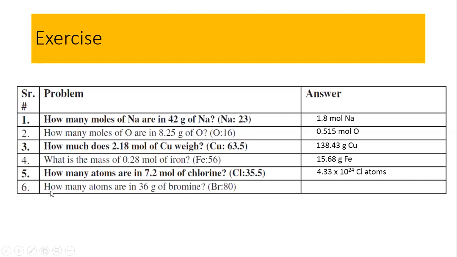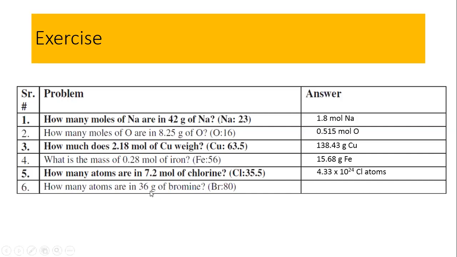In the sixth example, how many atoms are there in 36 gram of bromine, and the atomic mass unit of the bromine is 80. So how can you convert? Because the weight is given, first you have to convert this mass into moles, and then you multiply by the Avogadro number, which is 6.02 exponent 23, and that will give you the answer.